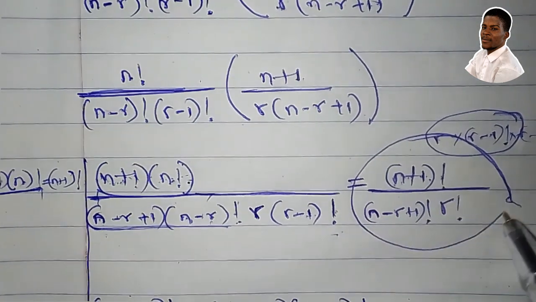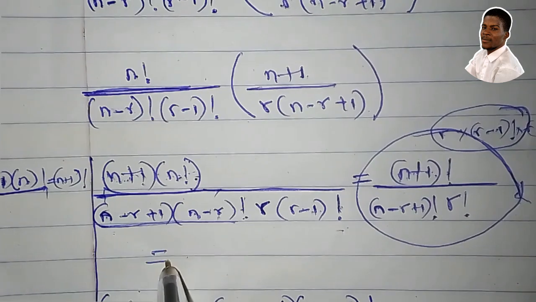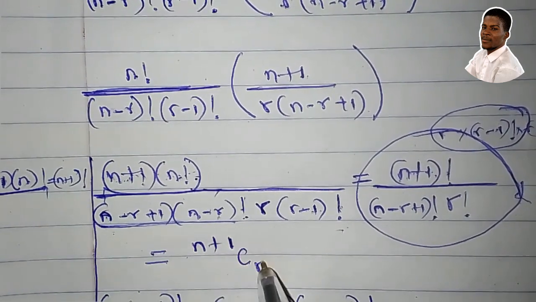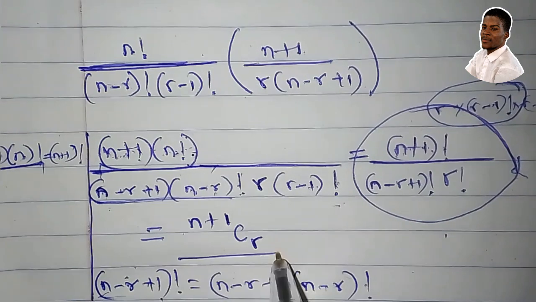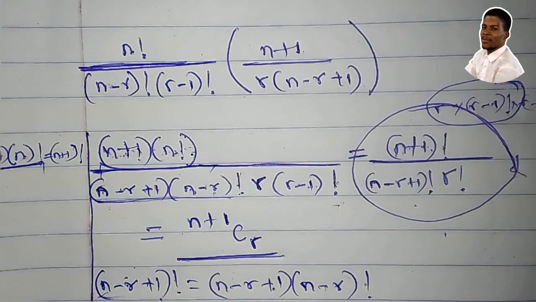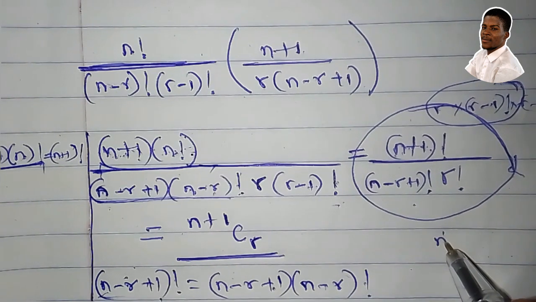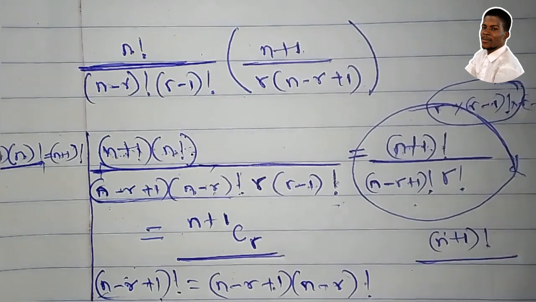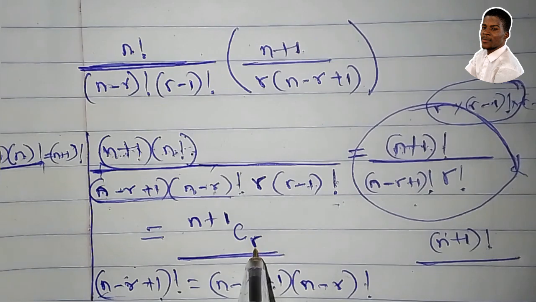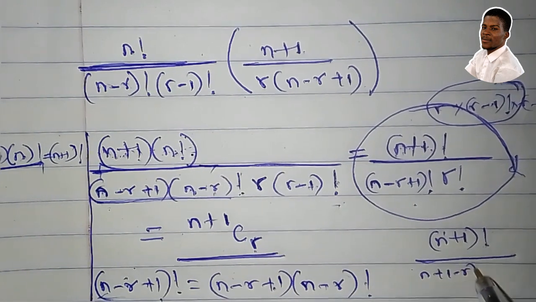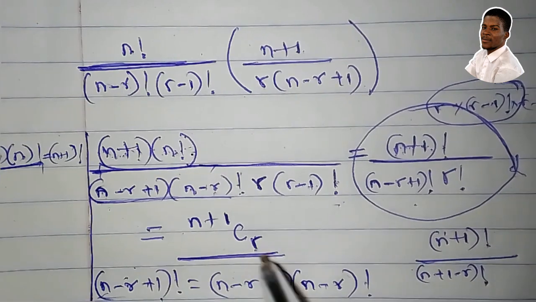It will interest you to know that this entire expression that you can see here is equal to n plus 1 combination r. What is n plus 1 combination r? Let's prove that it is equal to this. By combination, it is n plus 1 factorial all over n plus 1 minus r factorial times the r factorial itself.